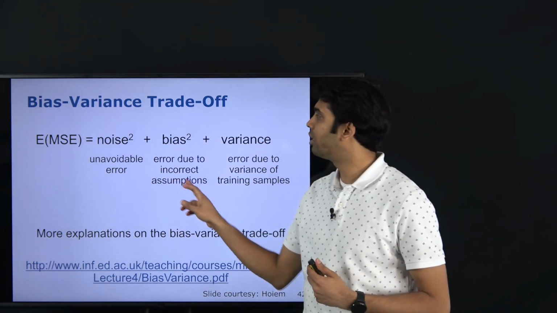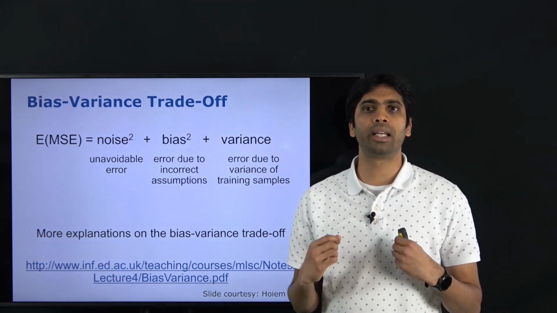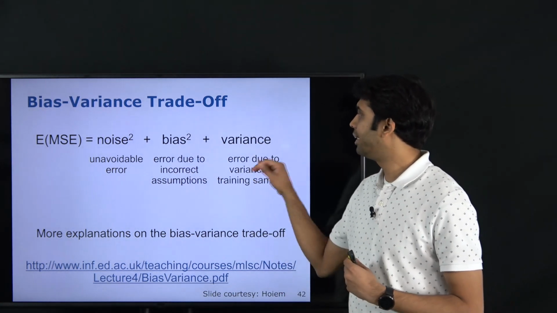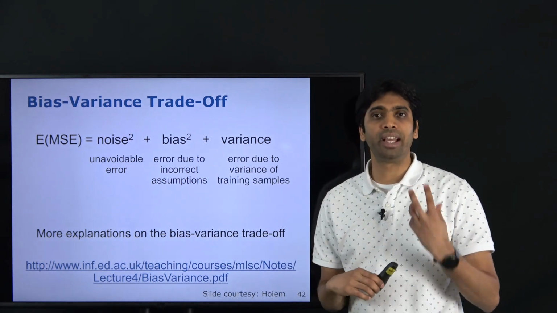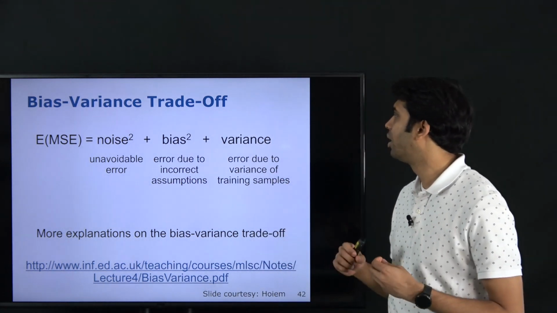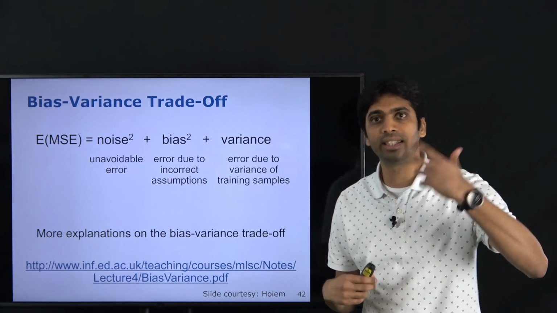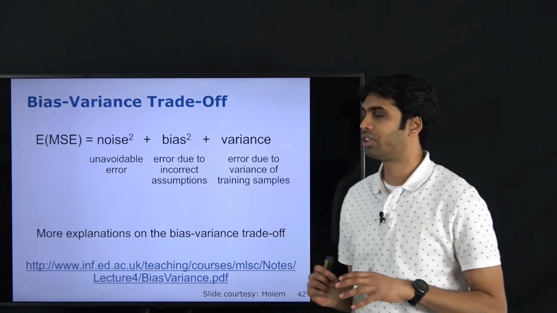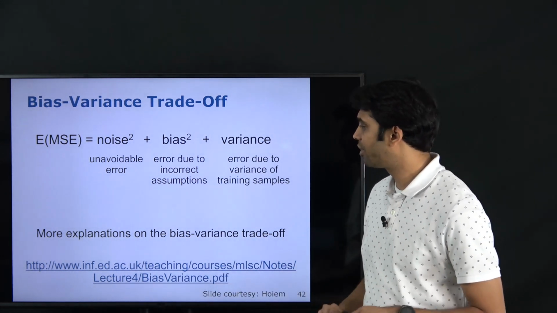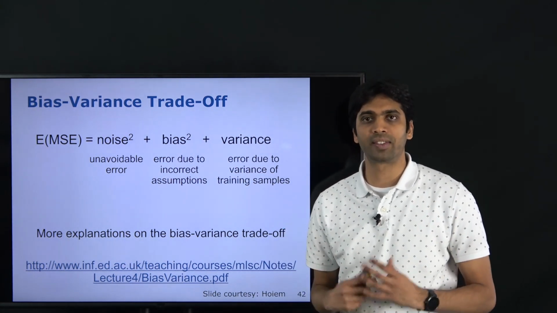But then there are also errors coming from the fact that we make an incorrect assumption about the model that best fits the data. And then there is the error that comes from the variance term, the error coming due to overfitting, or the error that comes from the noise or the variance in the samples themselves. So this is quite an involved topic, and I would encourage you to go to the reference that is given here to understand a bit more about the bias and variance idea.